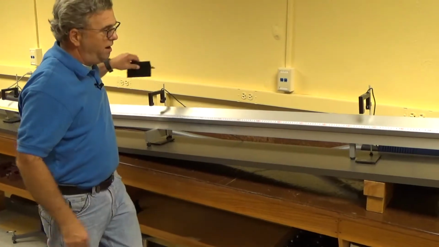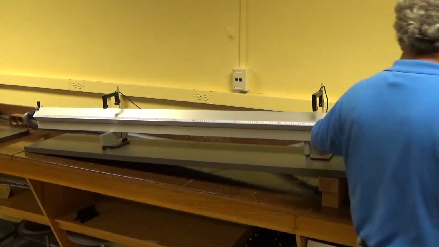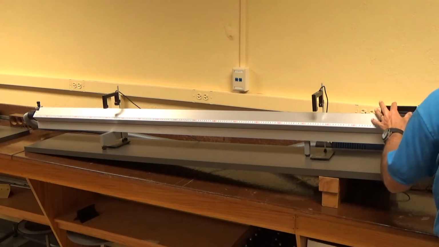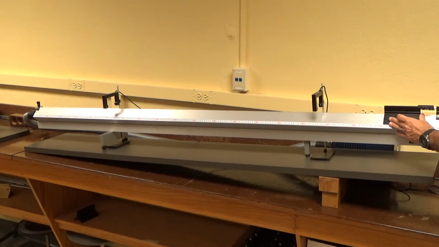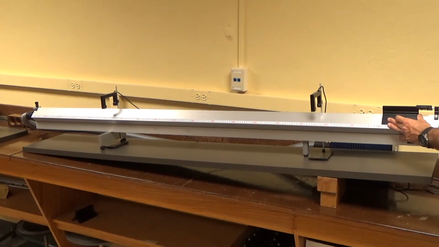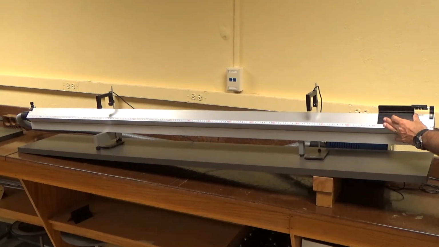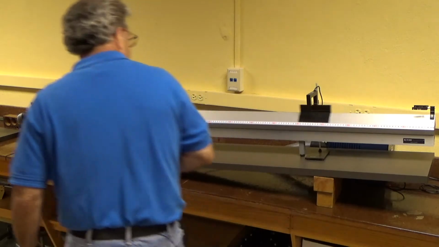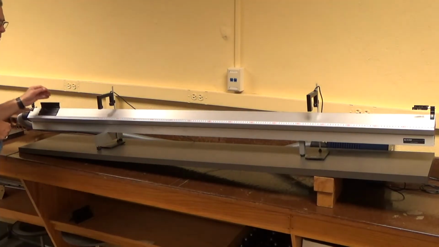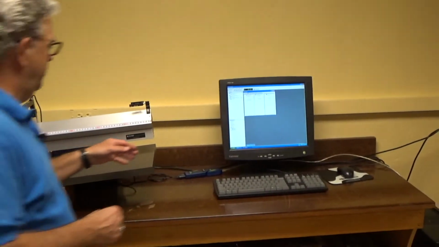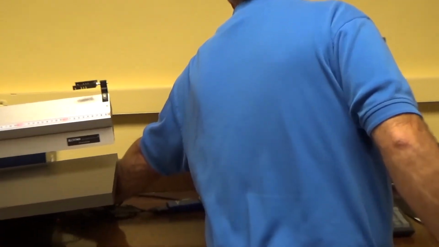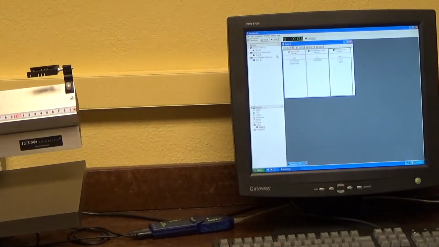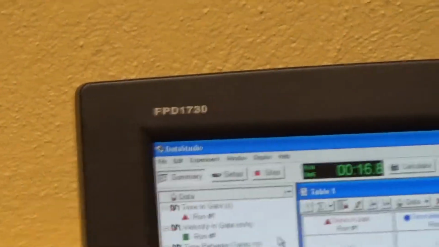Okay, so let's try a downhill run. All right, so I'm going to start, and here we go. Okay. So if you can bring the camera over here and take a look.